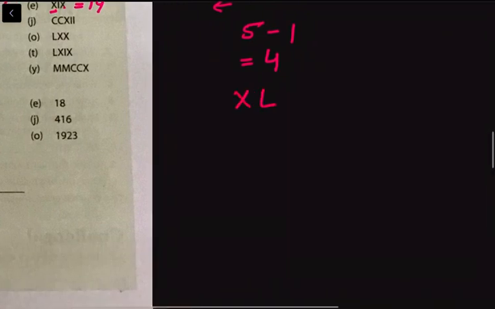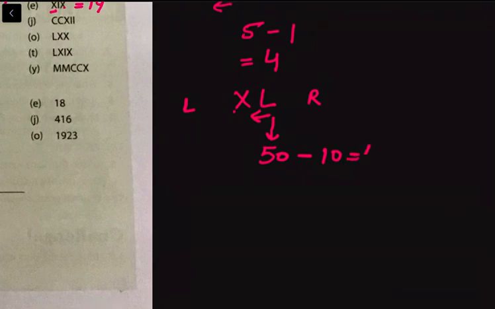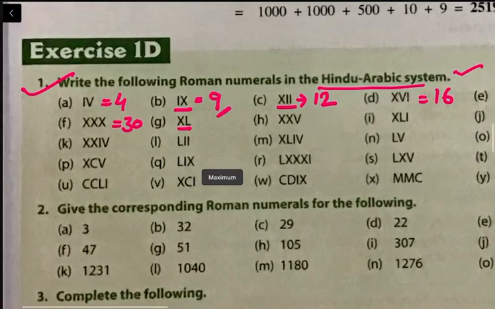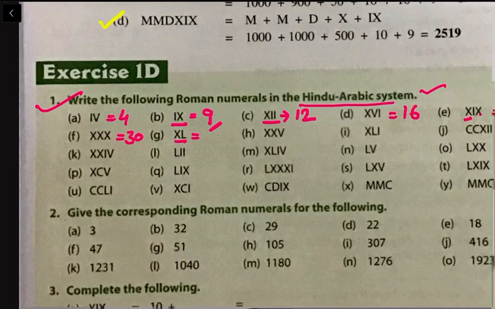X stands for 10. 50 minus 10 equals 40, which means XL equals 40.